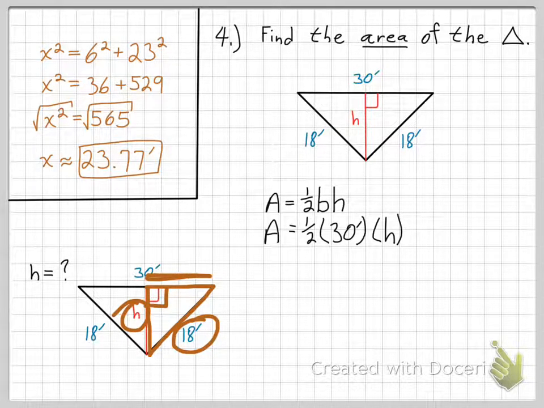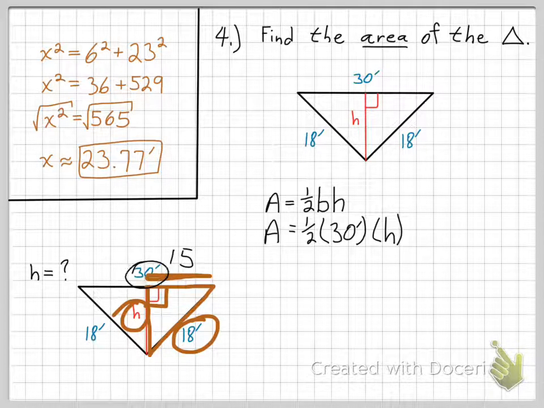And that length is actually equal to 15 because it's half of 30, right? Because this is an isosceles triangle, and the altitude to the base is also a perpendicular bisector. So this is bisected. If this is 30 total, this must be 15, and this must be 15 as well.